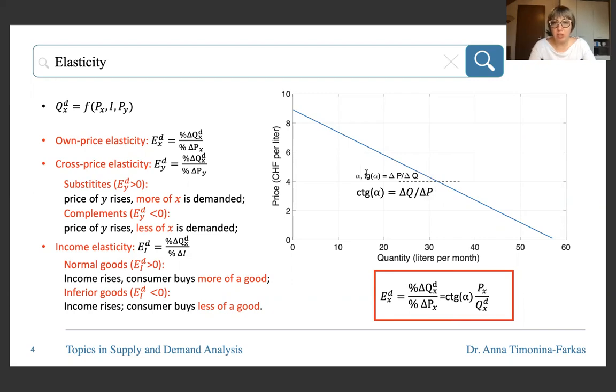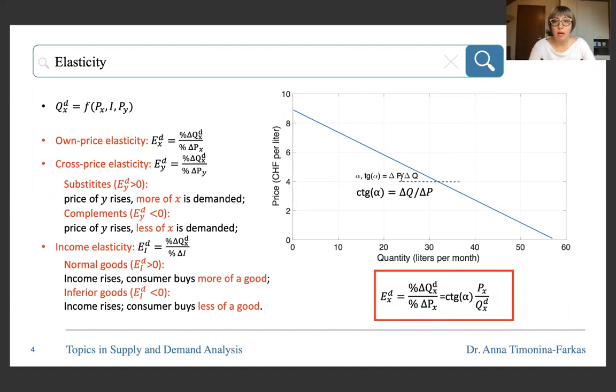But both these measures, which are tangent or cotangent lines to this function, are dependent on the units which we use. For example, prices are quoted in dollars, it will be dollars per unit. And prices quoted in Swiss francs will be Swiss francs divided by units. And in this case, we will not be able to compare between these measures for different countries, for example.